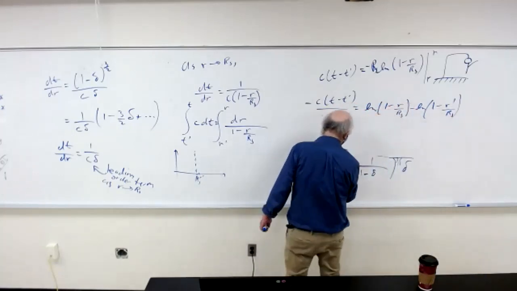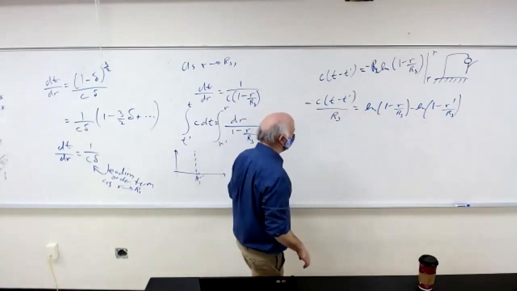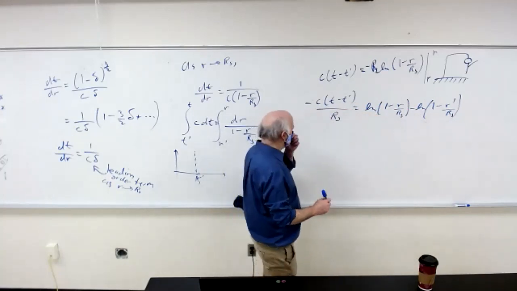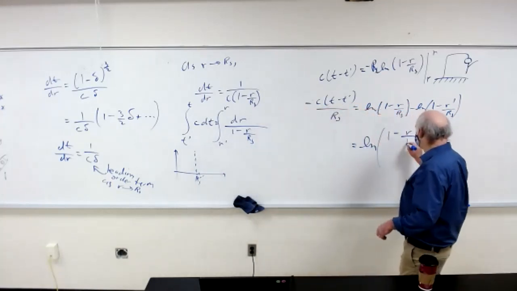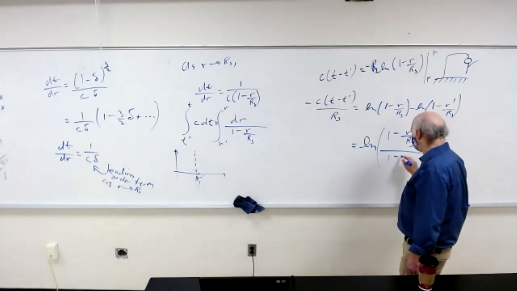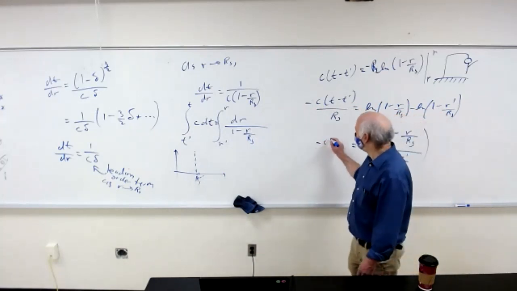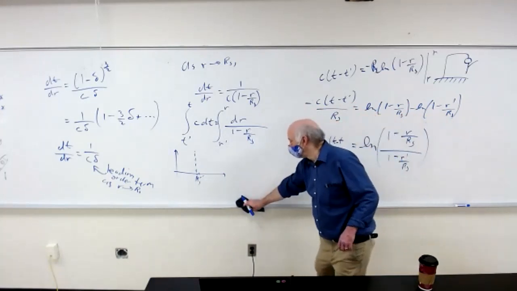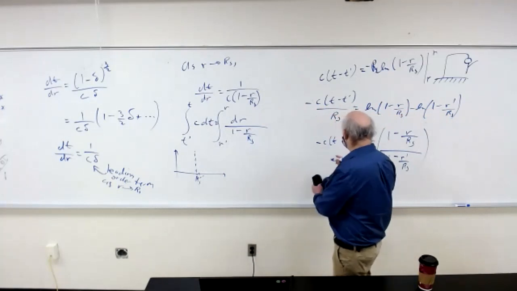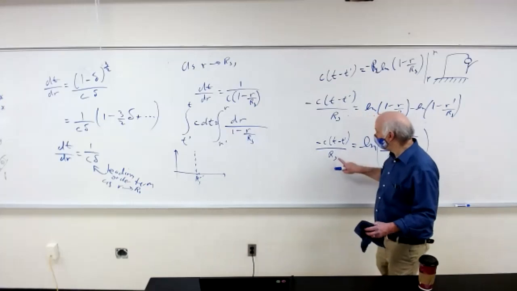What happens? Get a ratio of the arguments in the logs. Now what?